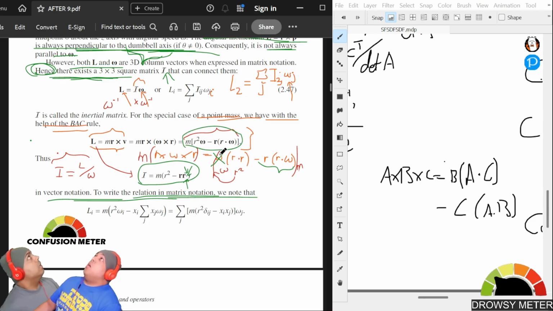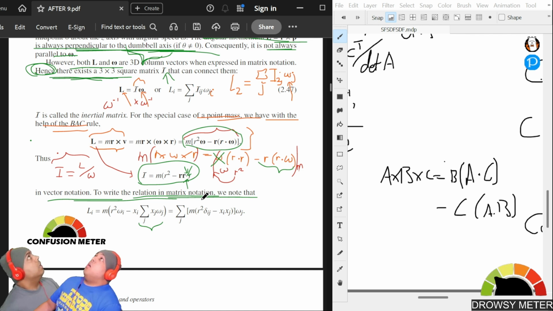M R squared omega i minus the sum over j of xi xj omega j times R dot omega.